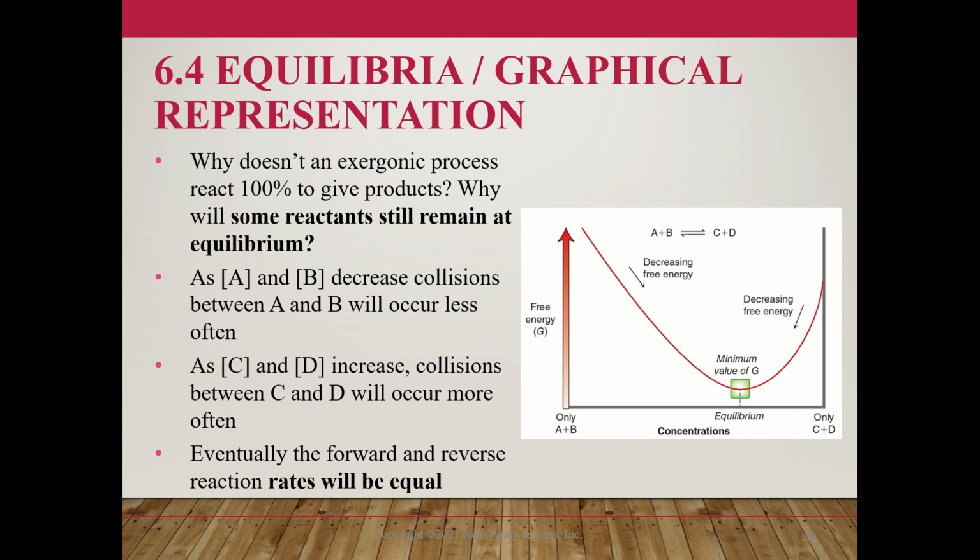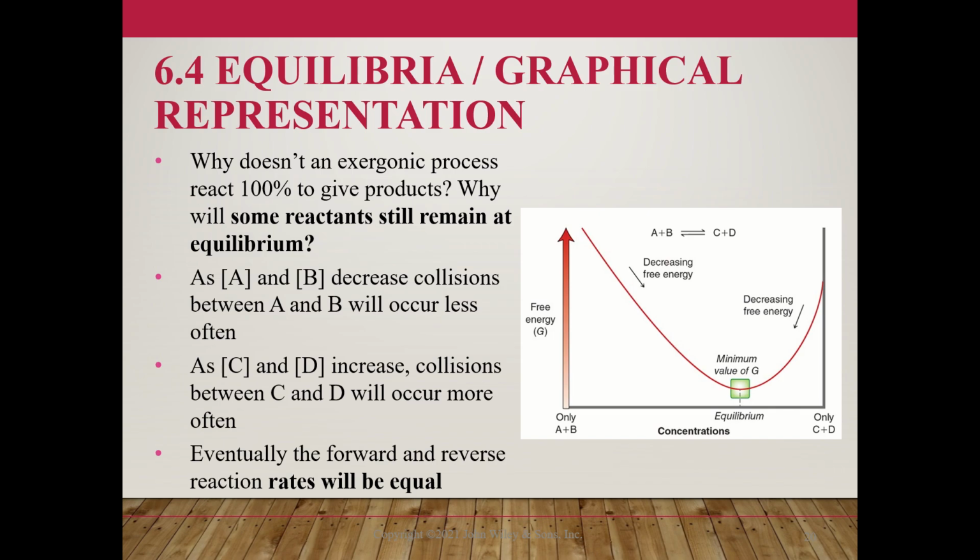Now, the reason why an exergonic reaction doesn't go all the way 100% to form products is because as A and B reactants are decreasing in concentration, their collisions are decreasing as well. Therefore, you end up having enough concentration of C and D that their collisions start interacting as well.